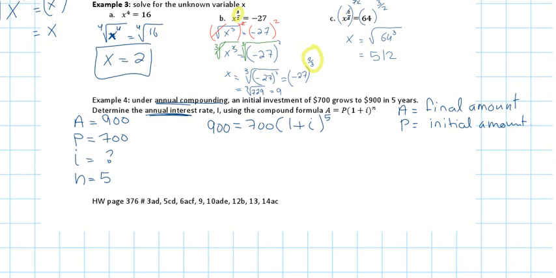900 will be divided by 700. Okay. Then what do I do after that? What's the second thing I want to get rid of? The exponent, right? I want to just take you back for a second, okay?